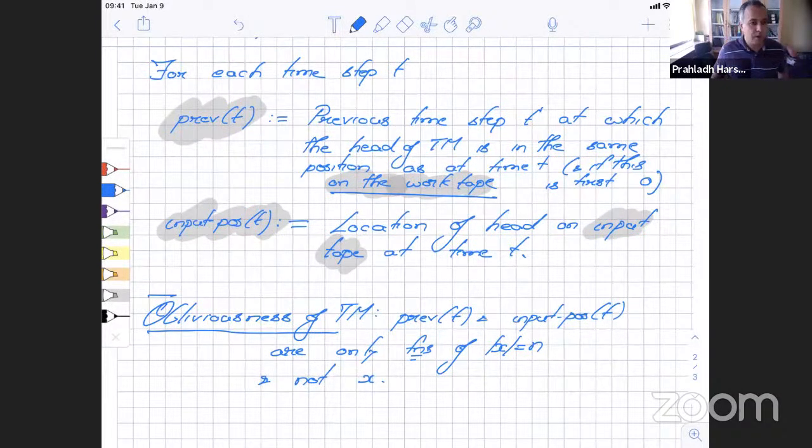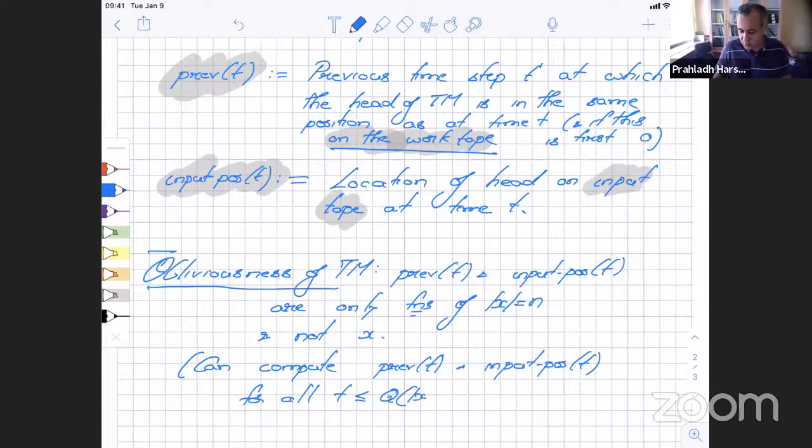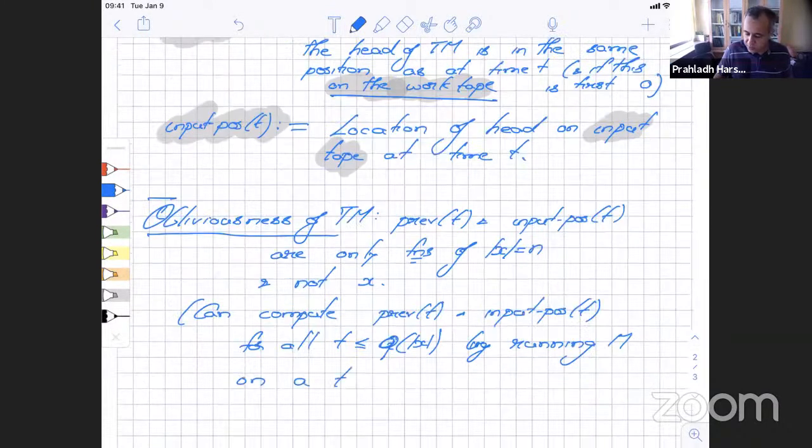So in particular, once you give me the input, you can ignore what the input is. Just look at the length of the input. So you can compute prev t and input position t for all t less than or equal to q of the length of x, small q, by running M on a trivial input of the same length, say 0 to the mod x.